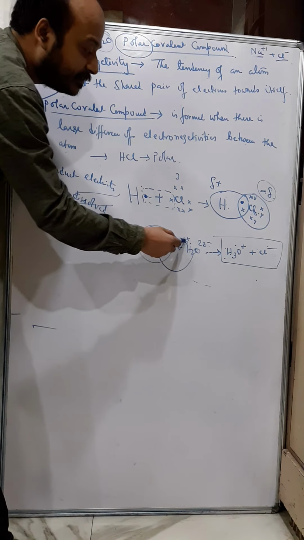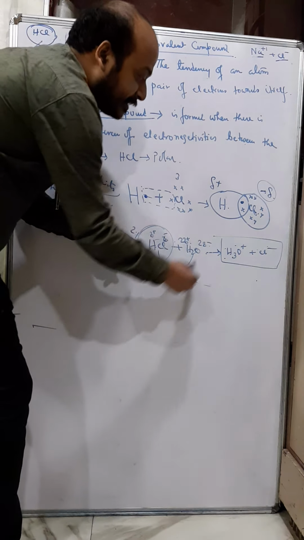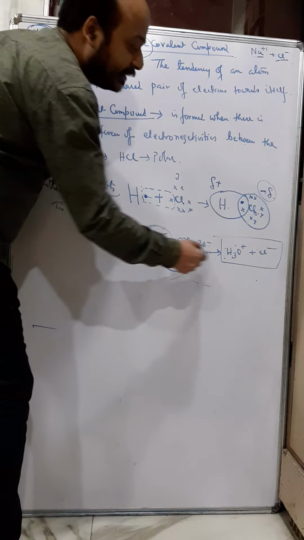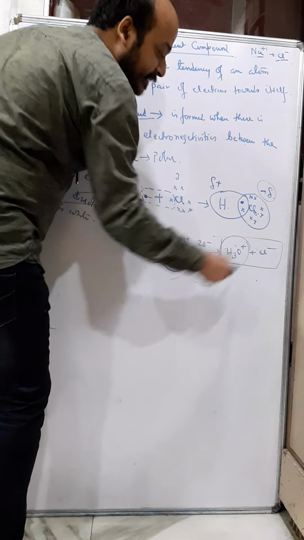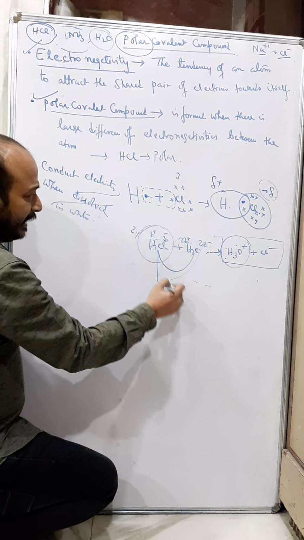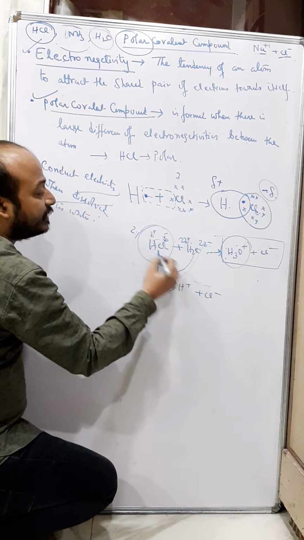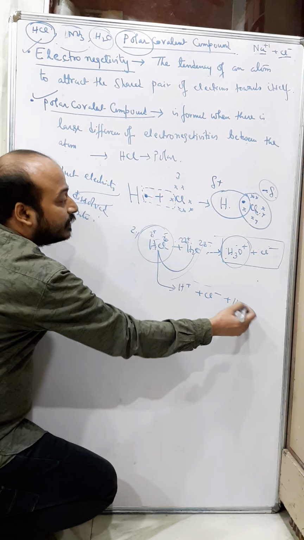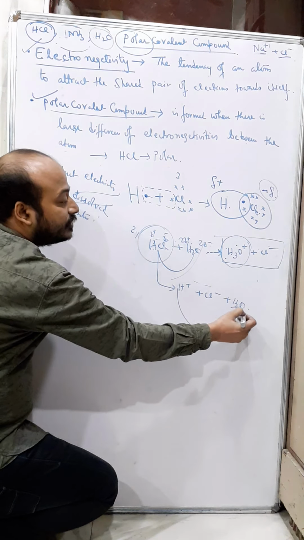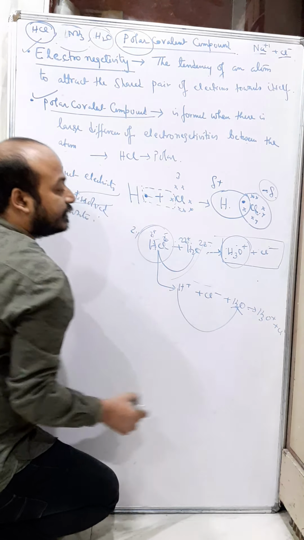The positive and negative charges interact with each other and therefore they split. And after splitting, they form these ions, H3O plus and Cl minus. In fact, first H plus and Cl minus split, and then this H goes to H2O, and ultimately it forms H3O plus and Cl minus.